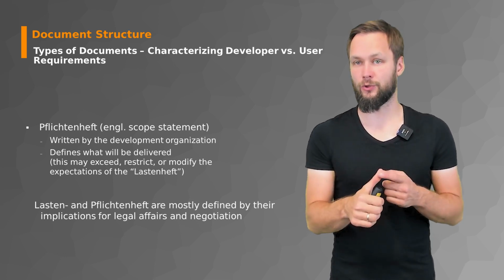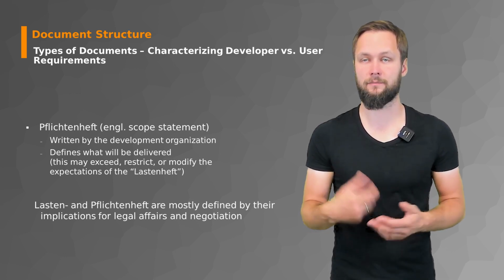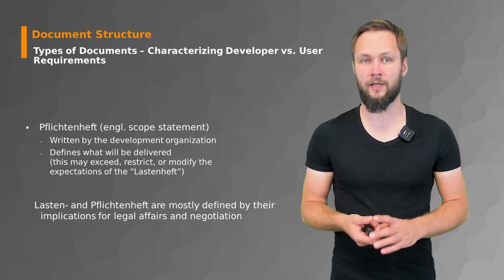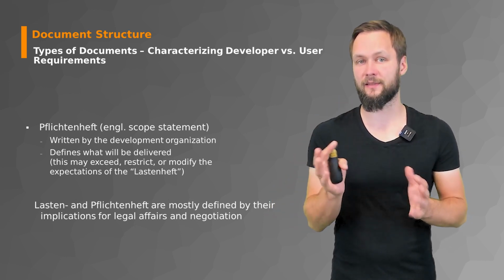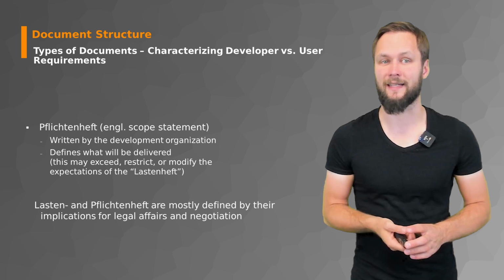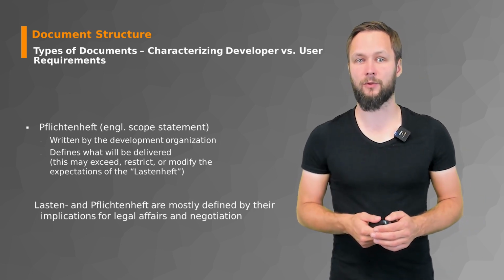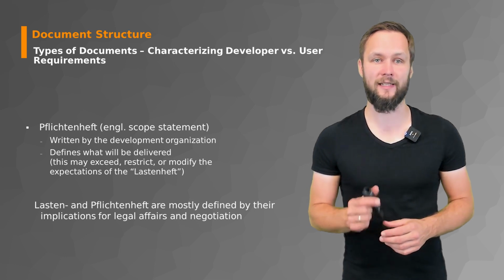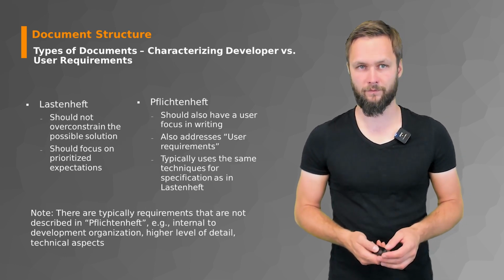Maybe it's shorter because a lot of stuff could not be delivered or is outside the scope. It could modify and adapt a few things inside the previous document, or it could even exceed it. Usually both of those documents are mostly defined by their implications for legal affairs and negotiations, but they still serve a purpose.